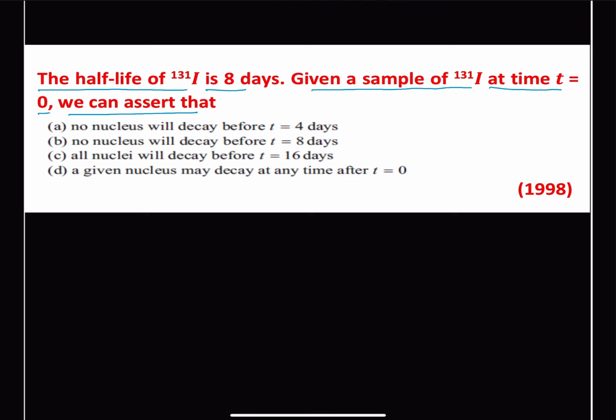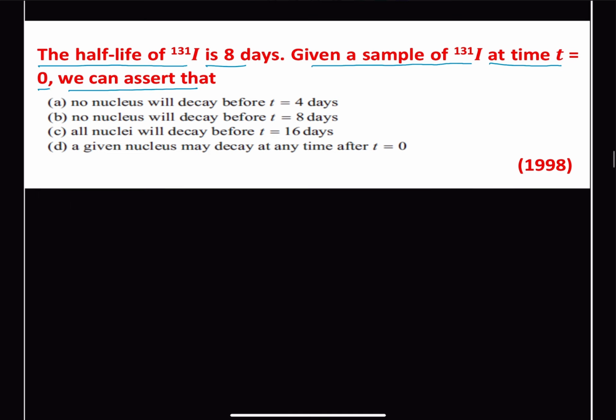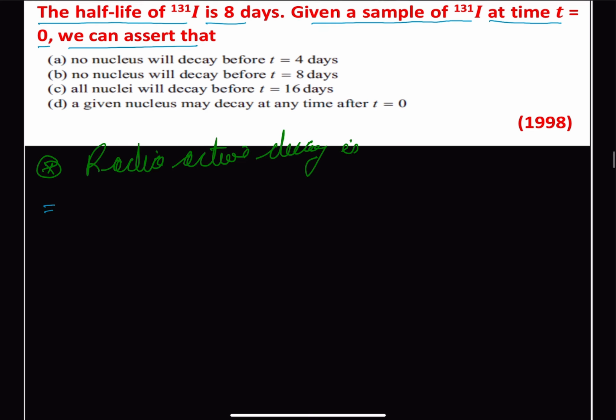So we can say that radioactive decay is first random and second spontaneous.